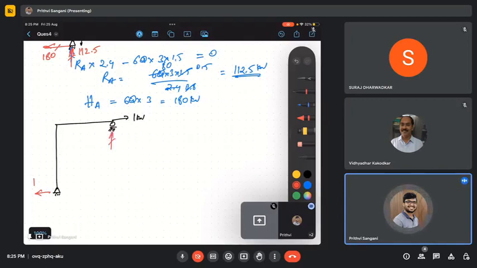So 1 times 3 should counter x times 2.4. X is nothing but 3 by 2.4, that is 30 by 60, 10 by 8, 5 by 4, 1.25. This is downwards 1.25.